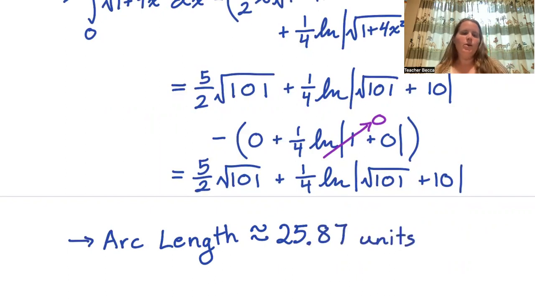So again, this is how we can go about finding arc length by creating this definite integral and evaluating the definite integral. In the next video, we will go ahead and take a look at an example where the integral is not so easy to take, in which case we will do some numerical approximation.